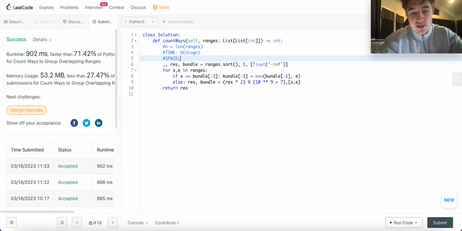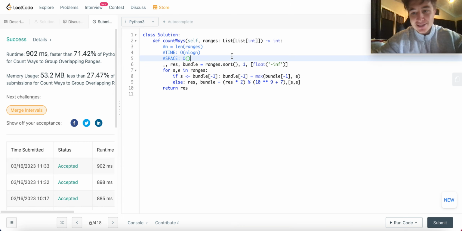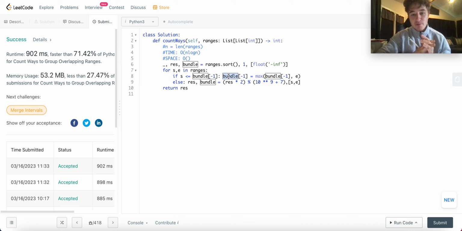And then for space, well, we have to sort ranges, but the way that we're doing this, we could use an in-place heap sort to sort ranges in place, so that it uses no additional memory. It doesn't scale with n. And then we look at all the ranges, but we just keep setting this one bundle array, and when we encounter a new bundle, we discard the old bundle array and look at the new one, because we're only looking for the total number of bundles.